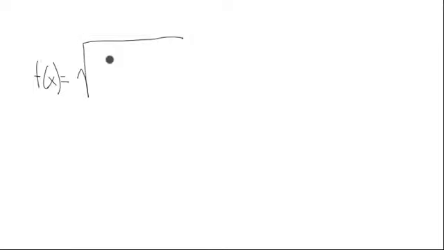What if we had something like this, the square root of cosine of x all over sine of x raised to the x power. So something silly like this, okay? How would we go about doing this?